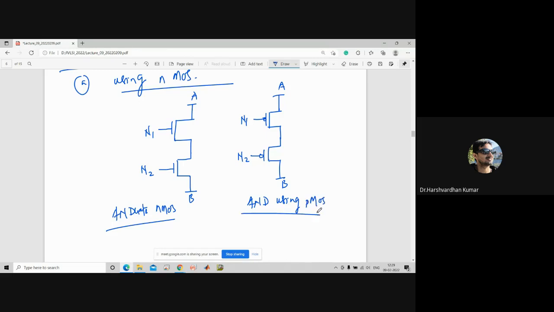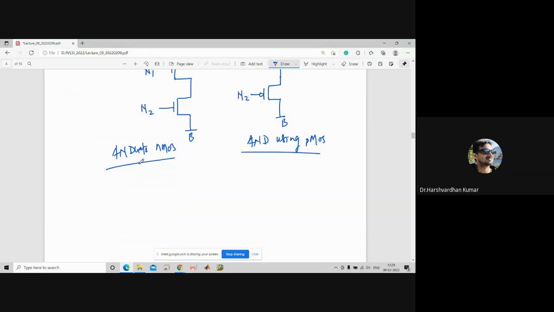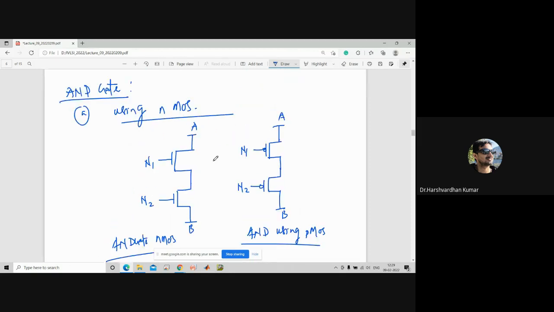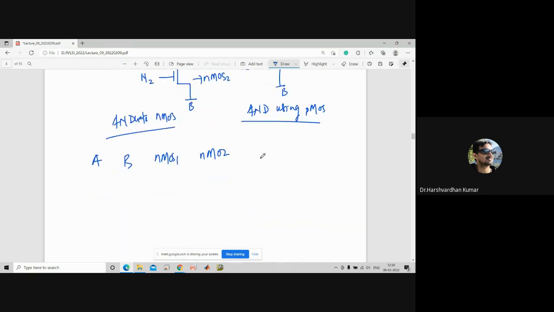Okay. Now you can guess what will happen here. Let us say the configuration, that is A, B, and let us say this is NMOS 1, and similarly NMOS 2, and the output.